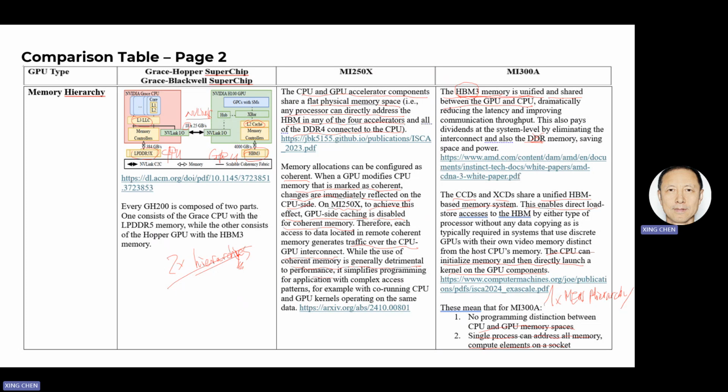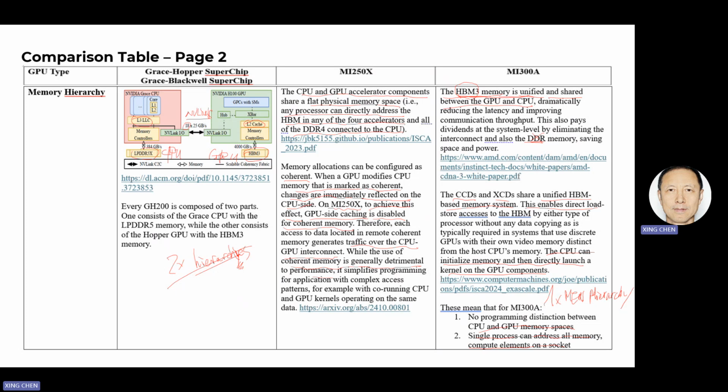So for the memory hierarchy, we see the difference between the three systems: for GraceHopper, you have two hierarchies, and you have one memory hierarchy for the MI300A, and the MI250X is a little bit different from the other two. Each one can access the memory of the others, but without using the cache. So this is the memory hierarchy.